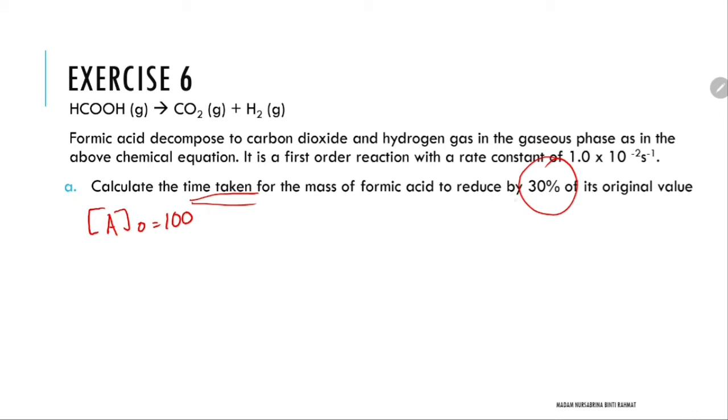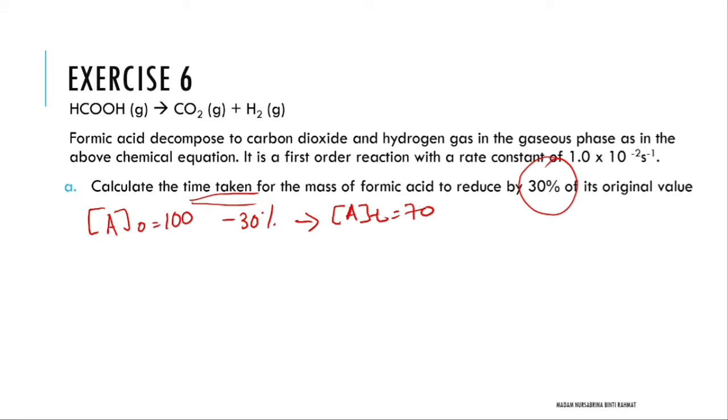It should be reduced by 30%, so minus 30%, and your new concentration is 70. You can also use 1.0 to replace 100, as well as 0.7 for the new concentration, but I'm going to stick with 100 and 70.